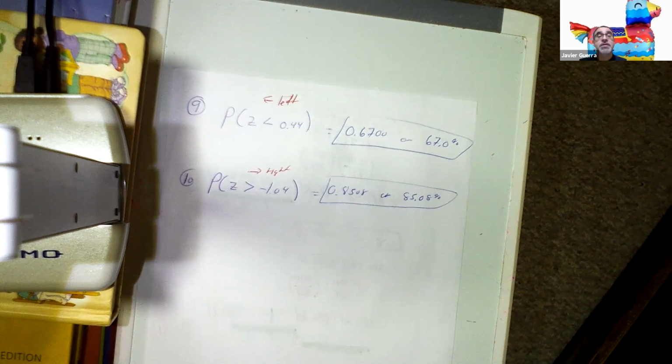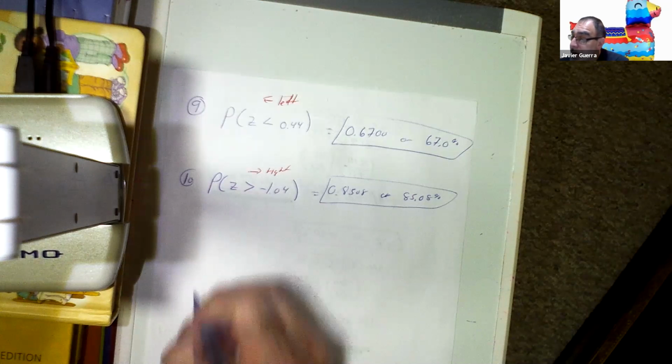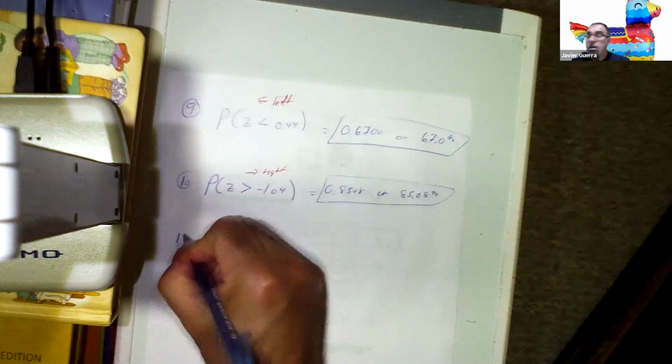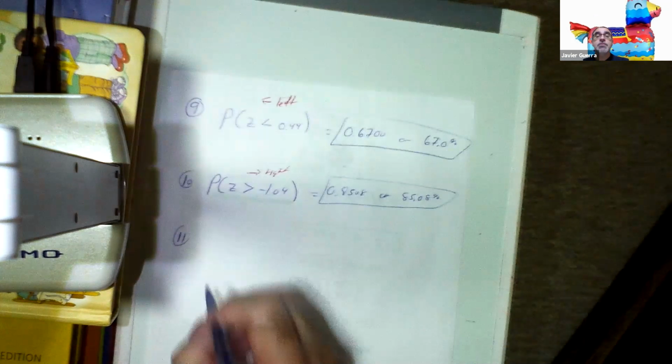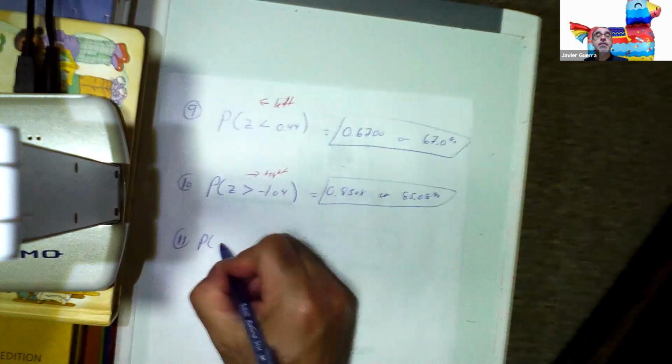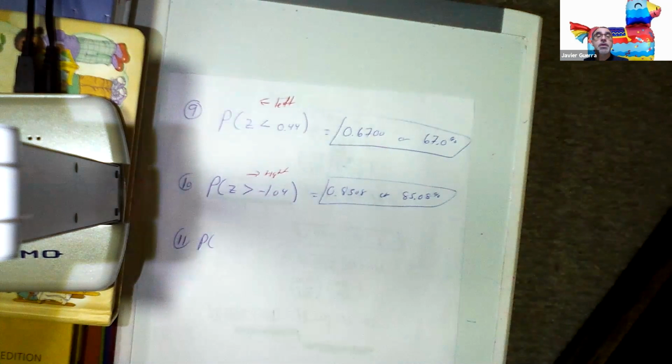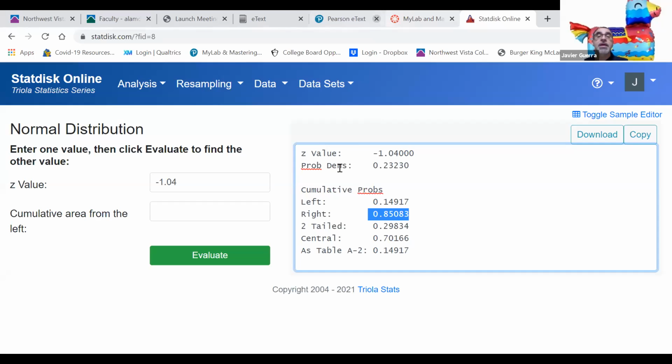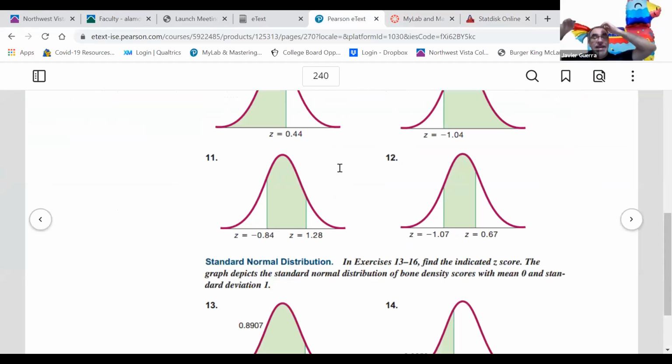Okay, let's do 11 then. All right, so I need to write the probability of, or you ladies tell me what's going on with number 11. How would you write number 11? Notice that the shading is occurring in between.